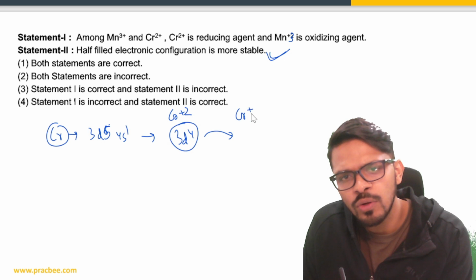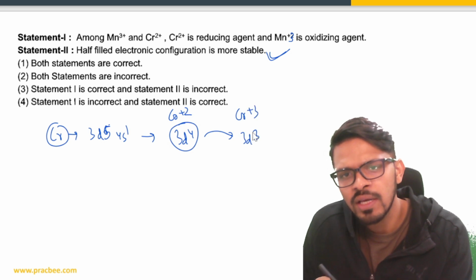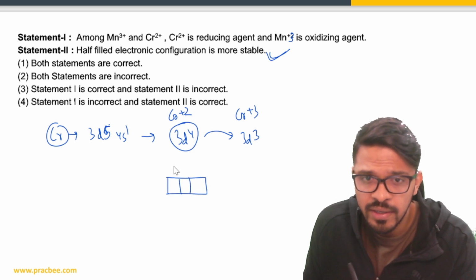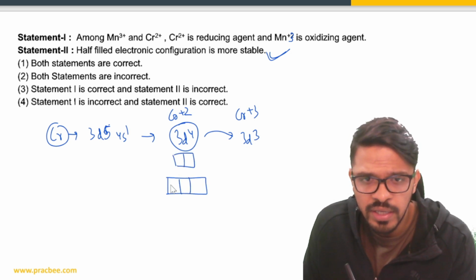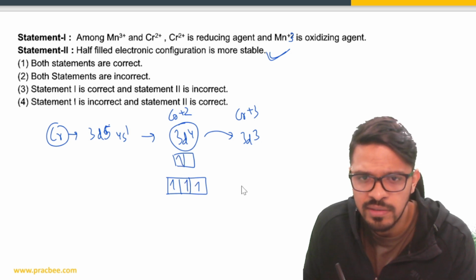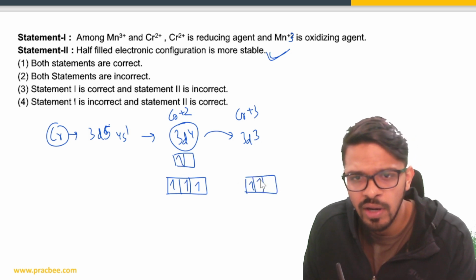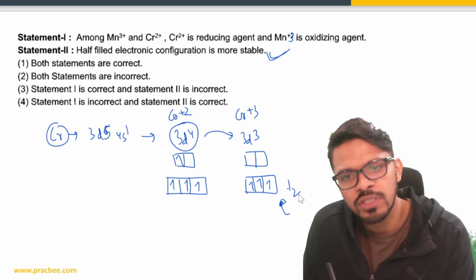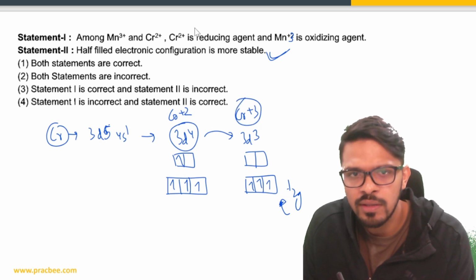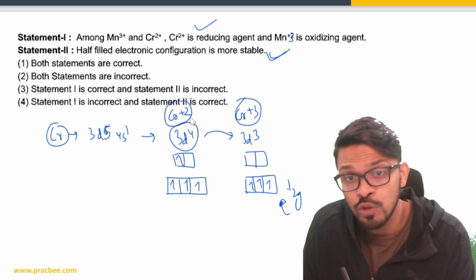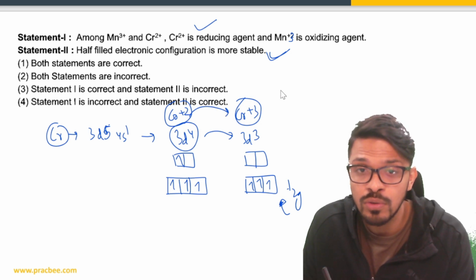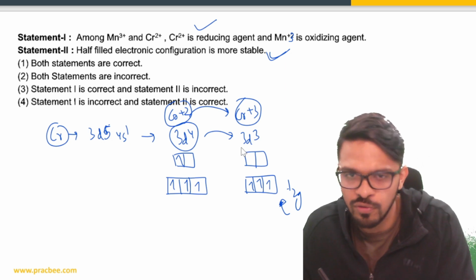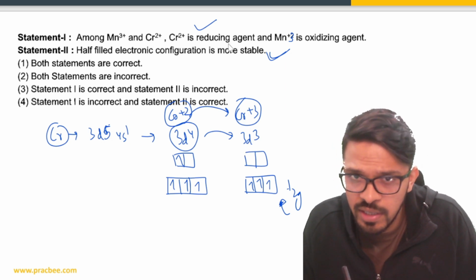Cr+2 has a tendency to go to Cr+3 because it will get a configuration of 3d3. If I bifurcate the d orbitals into t2g and eg, d4 would be something like this, and d3 will have a symmetrical distribution of electrons in the t2g subshell. So yes, this is stable. The first statement is correct because Cr+2 wants to go to Cr+3, meaning it wants to oxidize itself. If it is oxidizing itself, it will act as a reducing agent. So this part is correct.